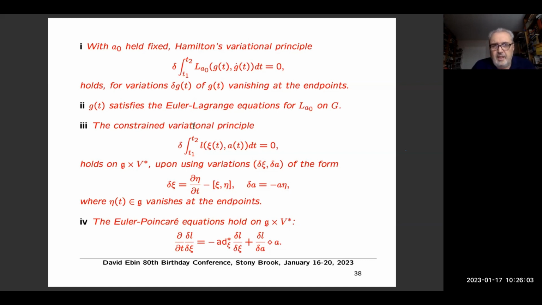Again, careful. Delta G vanishes at the endpoints. It is not delta xi that vanishes at the endpoints. It is eta that vanishes at the endpoints. And this is equivalent to the Euler-Poincaré equations for semi-direct products. The classical Euler-Poincaré equations that Poincaré wrote down are just this. This is the new term that comes from the advected quantities.